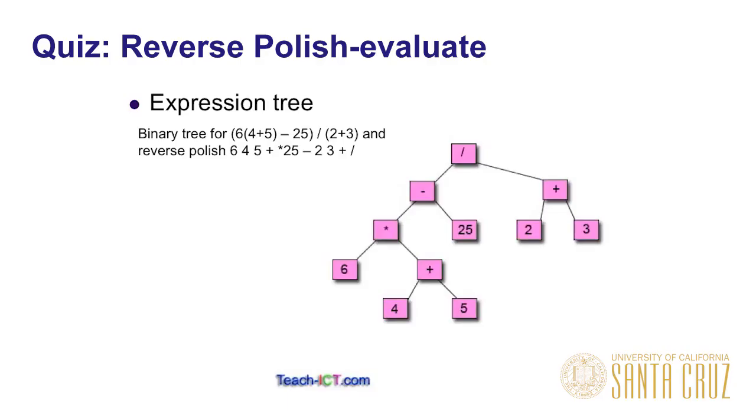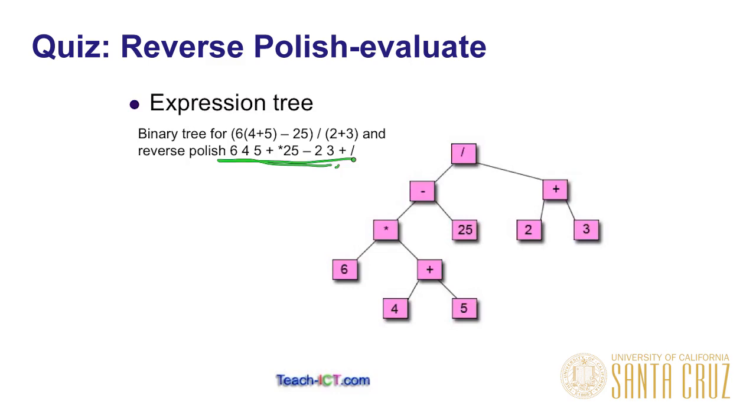So again, here is reverse Polish. Here's an expression evaluation tree, and what I'd like you to do is walk this tree and see what its value would be. This is its fully parenthesized version of the tree, and here is what the reverse Polish would look like.